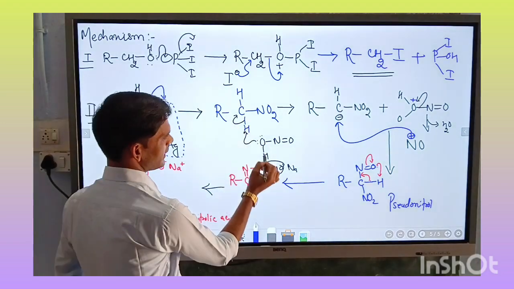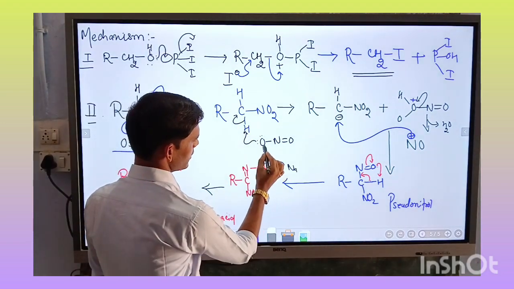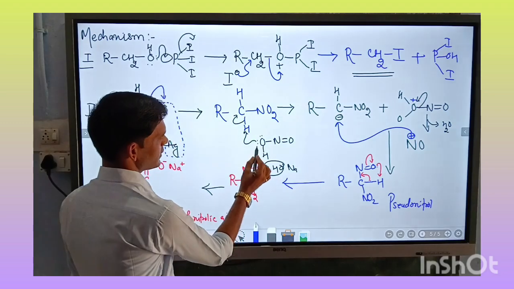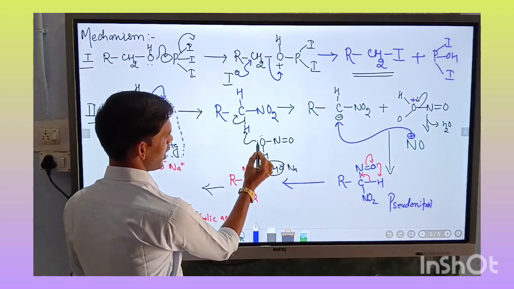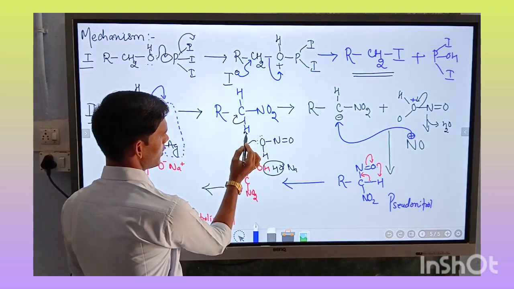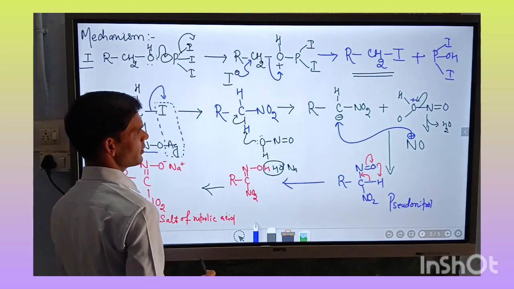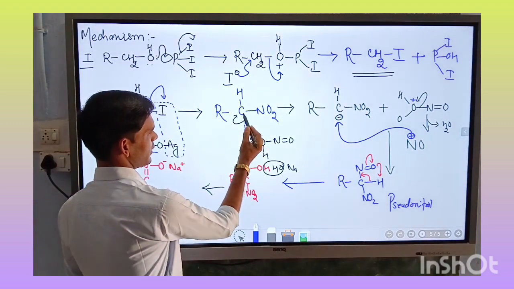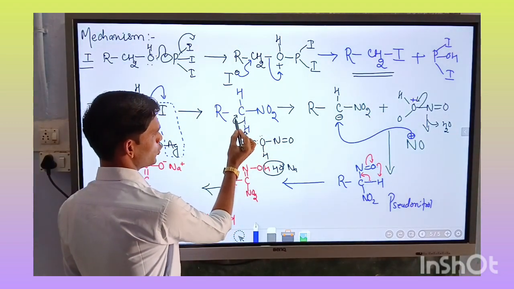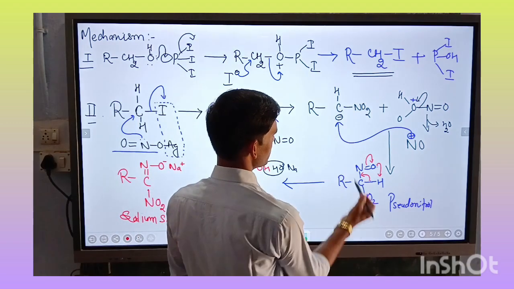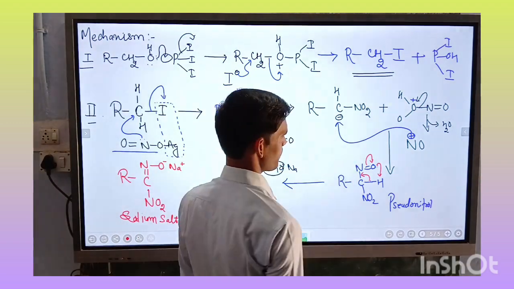Again, this nitroalkane is treated with nitrous acid. The lone pair of electrons of the oxygen atom grabs this hydrogen, and the shared pair of electrons between carbon and hydrogen moves towards carbon and gives a nucleophile.